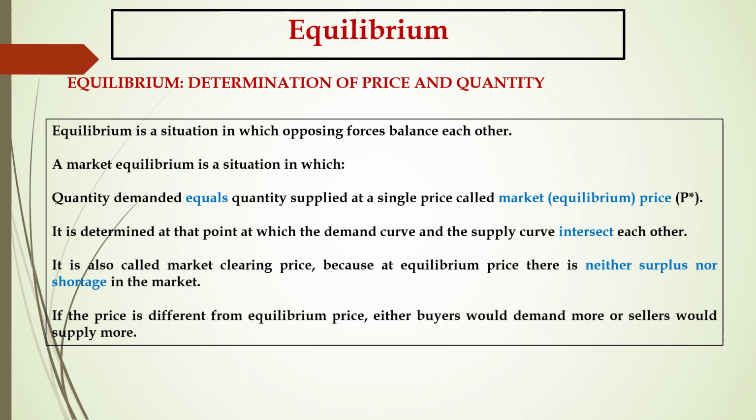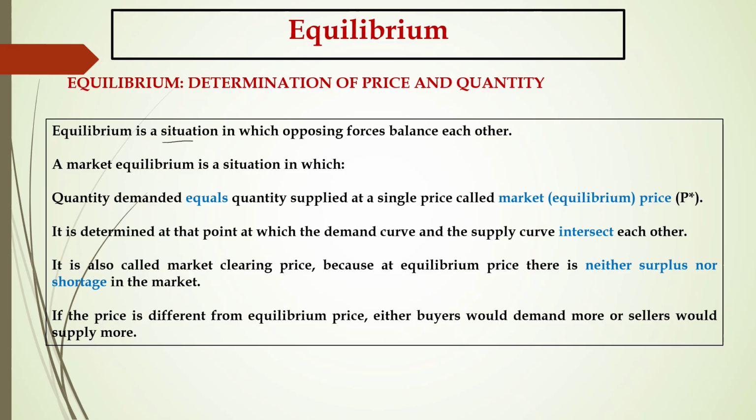Now you can see equilibrium is a situation in which opposite forces balance each other. What are the opposite forces? Demand and supply. These are the two opposite forces. They balance each other, which means they are equal.